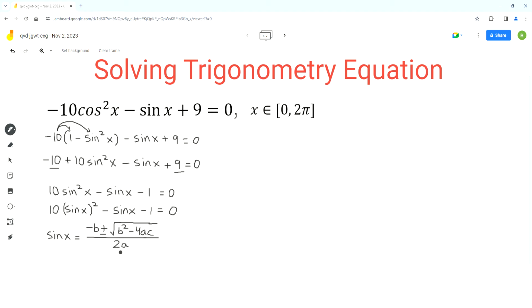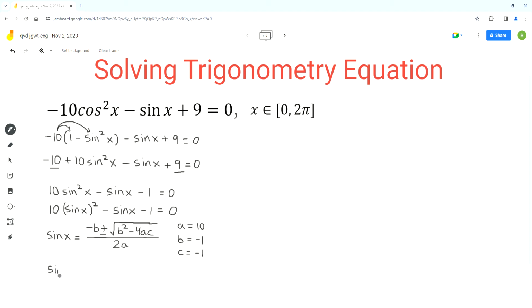Now we can sub in the values of a, b and c. So a here is the coefficient of the square term, so a is equal to 10. B is the coefficient of the sine term, which is negative 1. So there is an invisible 1 in front of sine x. And c is the number term, which is negative 1.